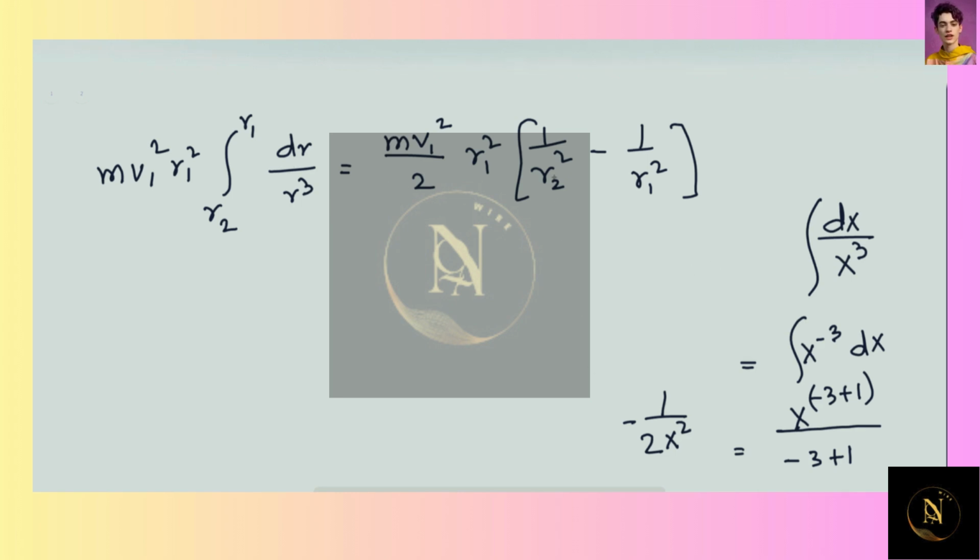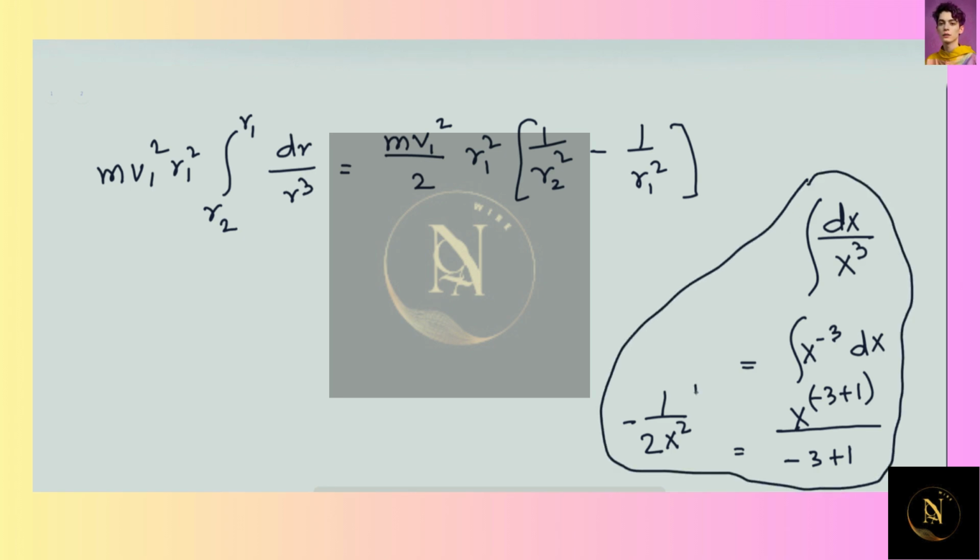Since there's a negative sign, that's been taken care of in the limits, and that's why we have r2 in front of r1 and there's a negative sign in front of r1. So we can use this relation and then take the limits as r2 to r1 and solve for this.